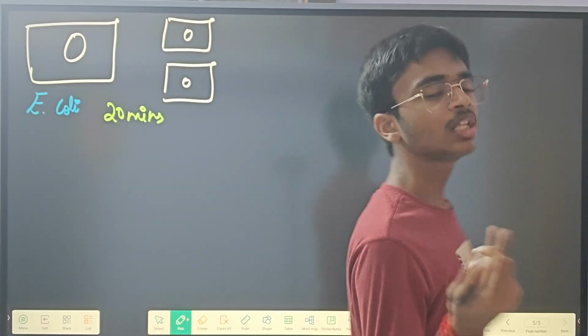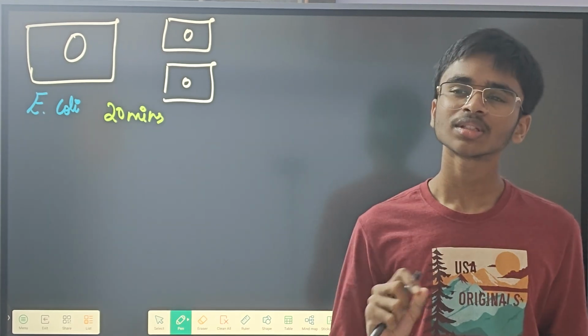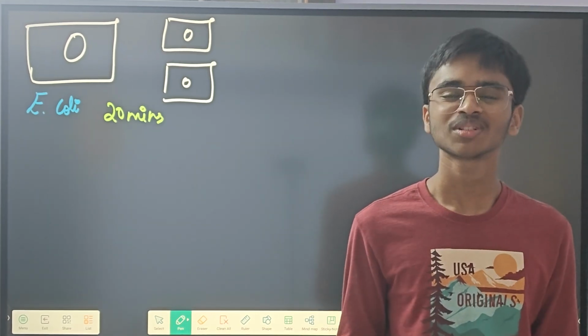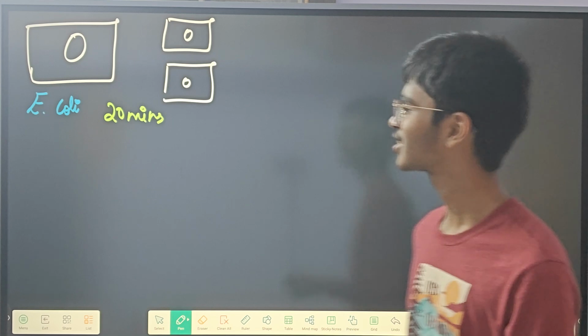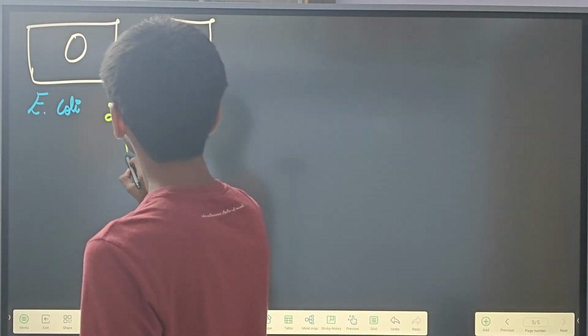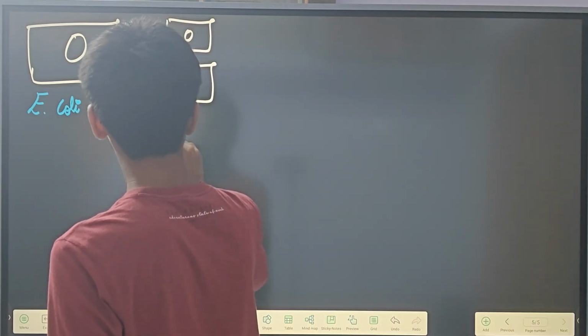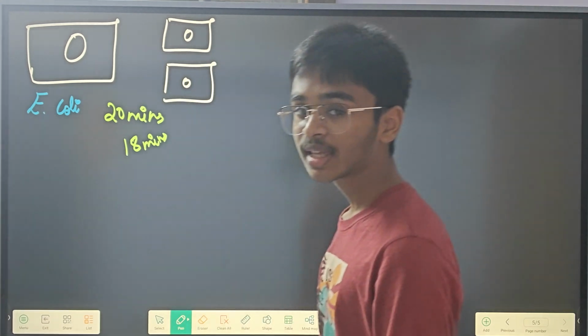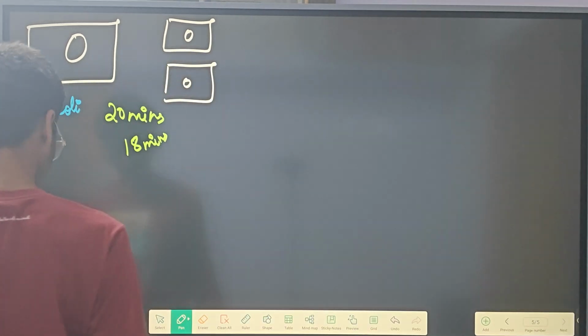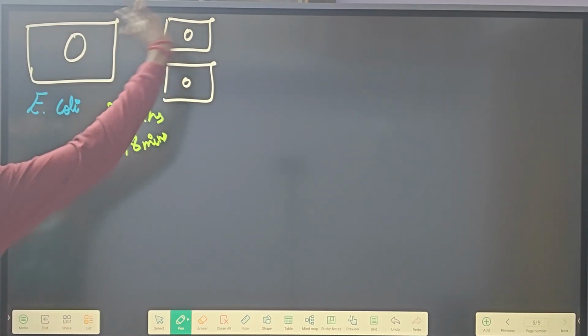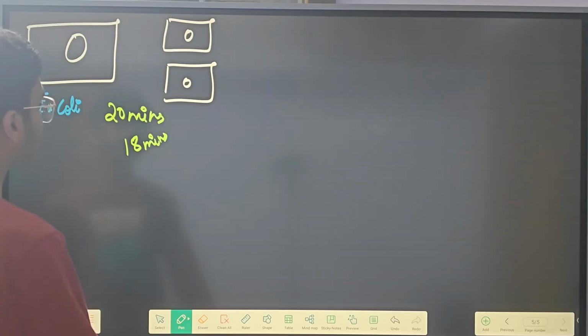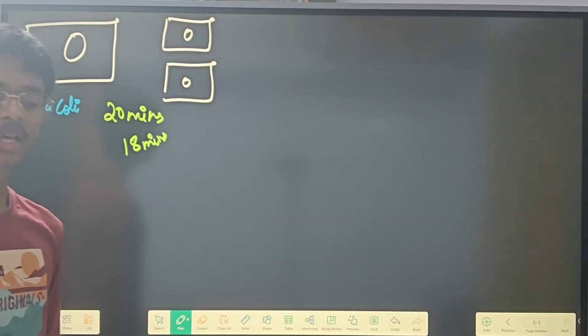Okay, so in this one, if you are just taking it out, 18 minutes will be taken for DNA replication itself, and for the remaining 2 minutes only cytokinesis happens.